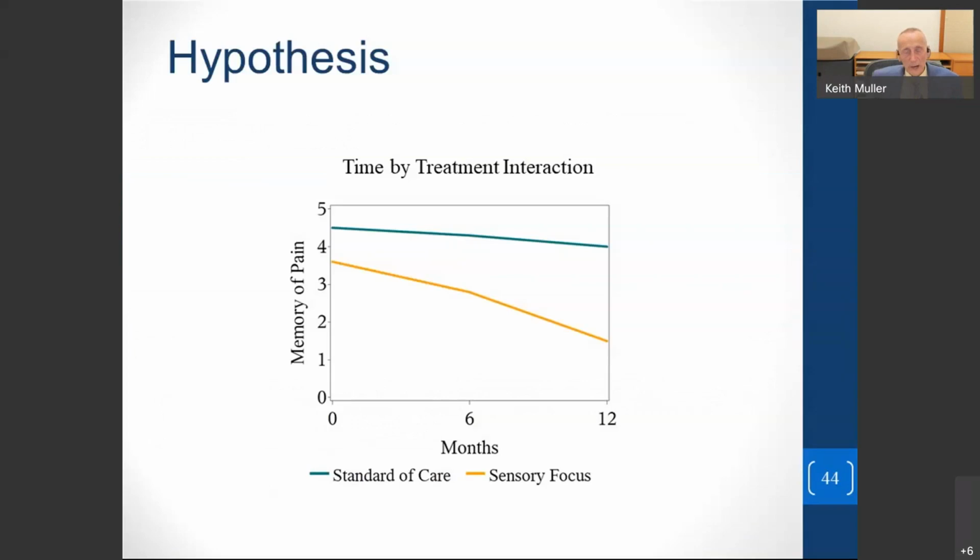So the time by treatment interaction hypothesis corresponds to this hoped-for scenario in which the blue line is standard of care and our pain memory diminishes over time, but we're hoping that by giving sensory focus training, we can diminish the pain memory much more.